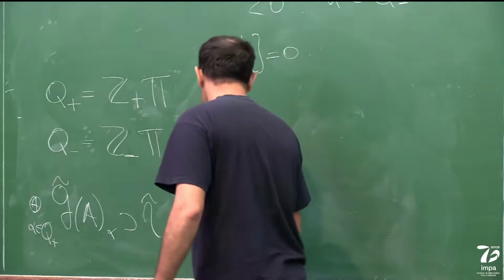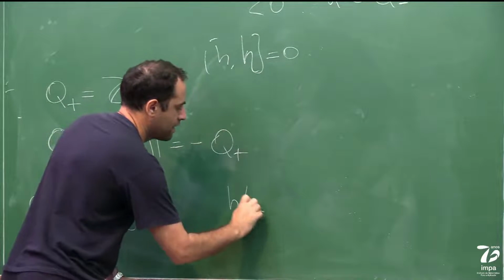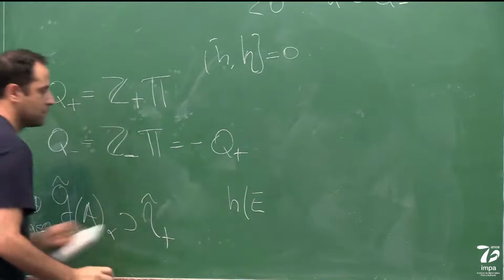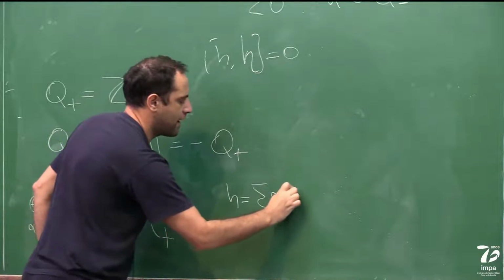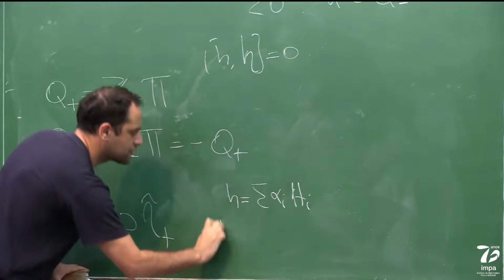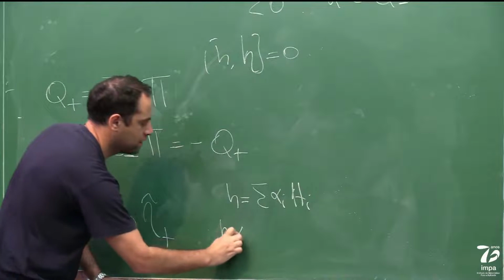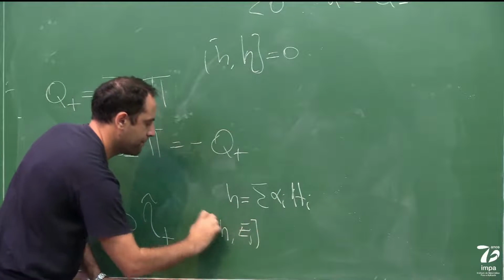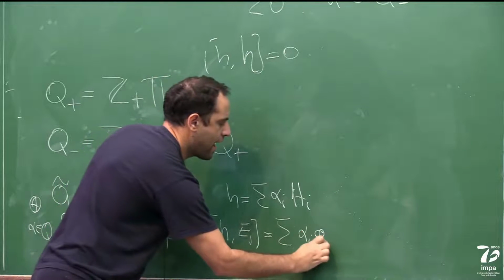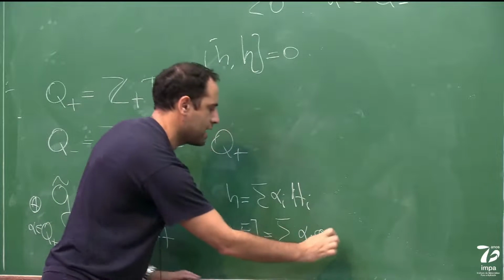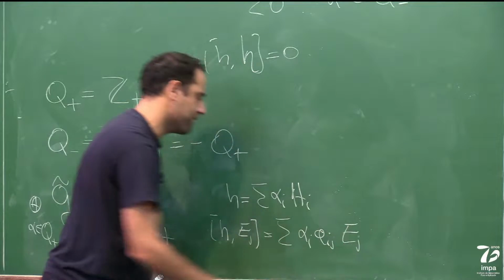So I'm trying to solve for H, which is the sum of alpha I, HI, and I need to solve that H acting on EJ, which is the sum of alpha I, AIJ, EJ.